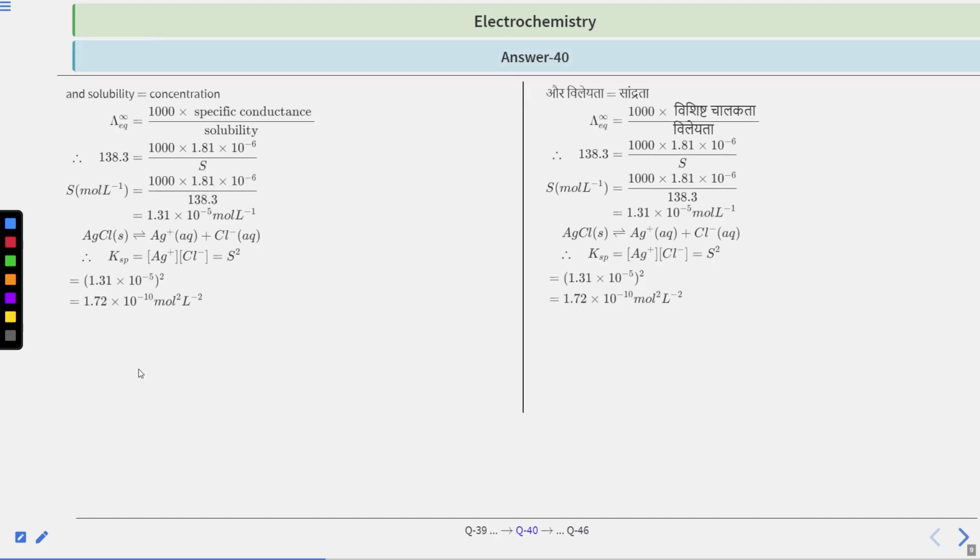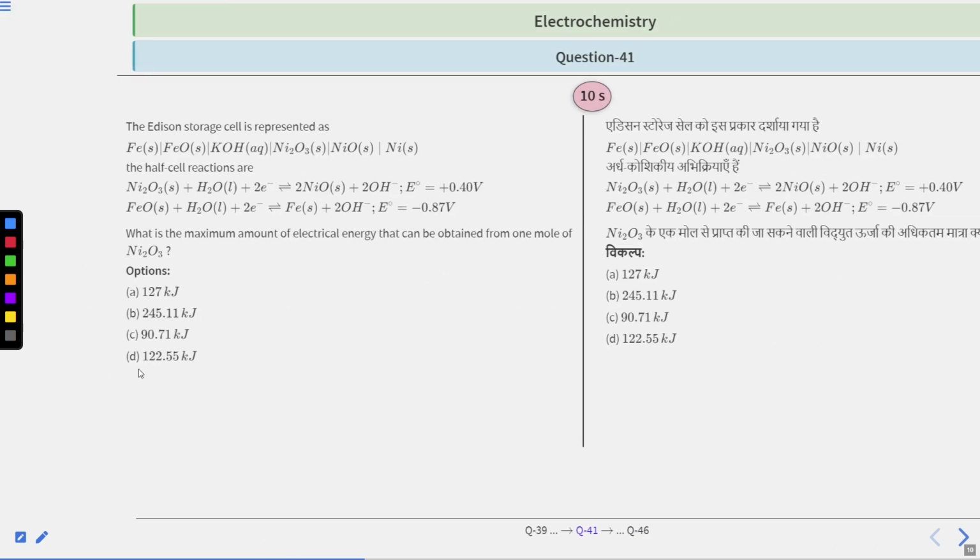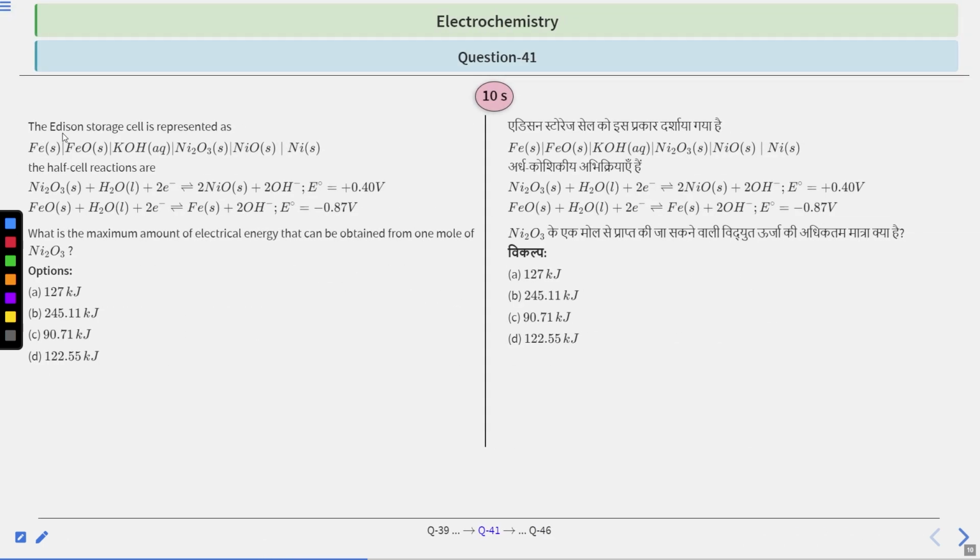Okay, now let's see question number 41. The storage cell is represented as this: iron, iron oxide, potassium hydroxide, Ni2O3, NiO, and nickel. The half cell reactions are Ni2O3 plus H2O plus 2 electrons giving us 2 NiO plus 2 OH minus.